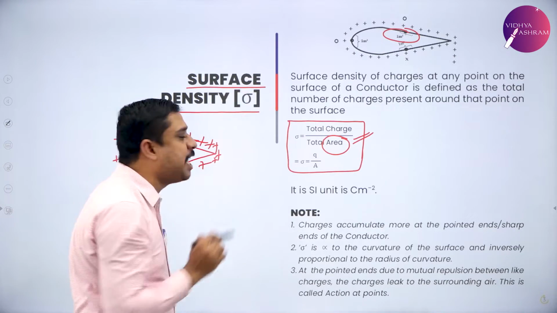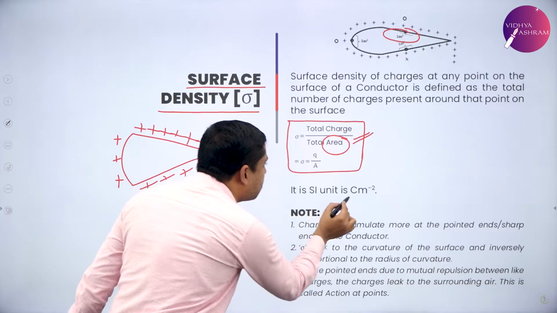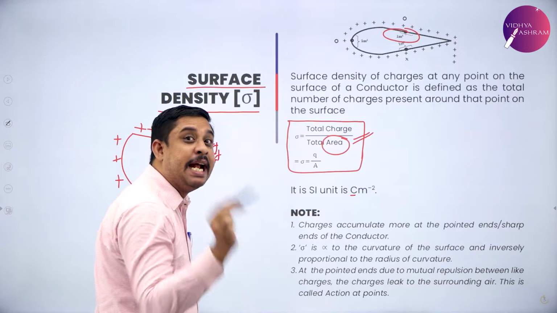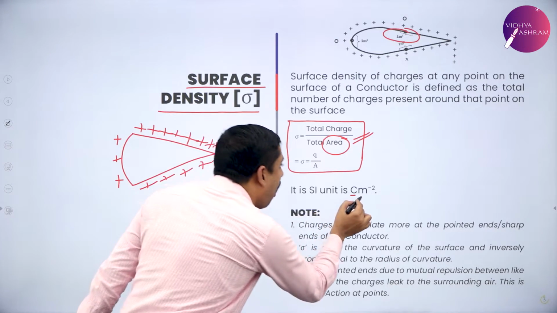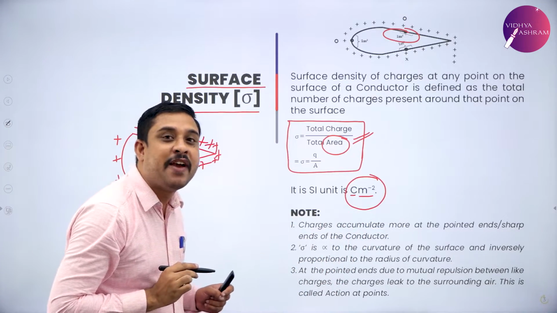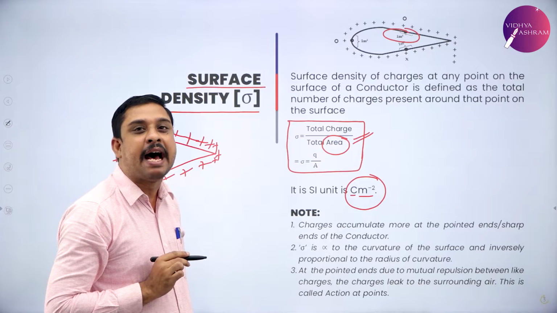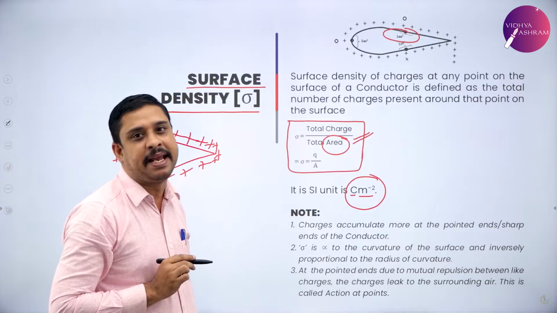Now to write the SI unit of surface density, what is the unit of charge? Coulomb. Divided by area, meter square or meter minus 2. So the surface density has unit coulomb meter minus 2.